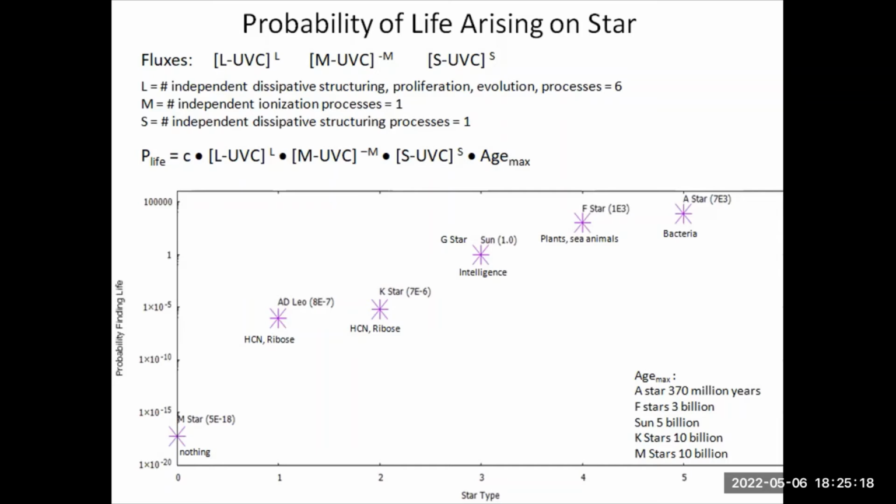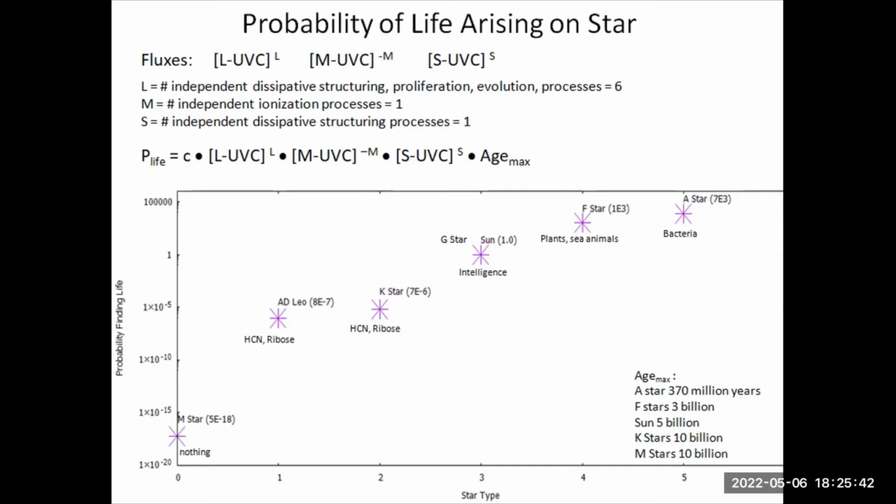A-type stars, for instance, exist for only about 370 million years, and F-type stars for 3 billion years. Our sun has already lasted about 5 billion years and may last for another 5 billion years, but the average age would be about 5 billion, and for K-type stars, about 10 billion.